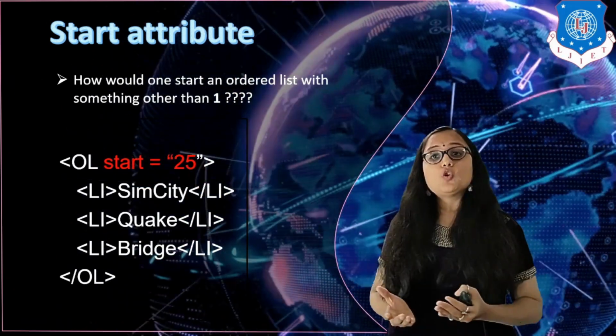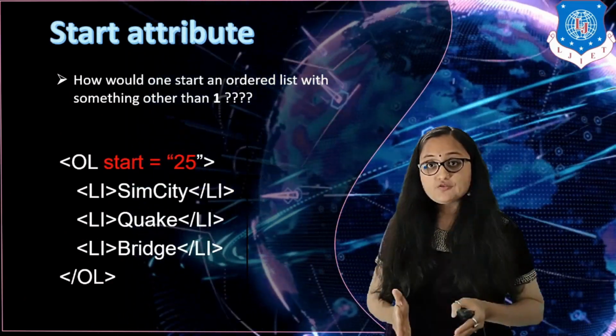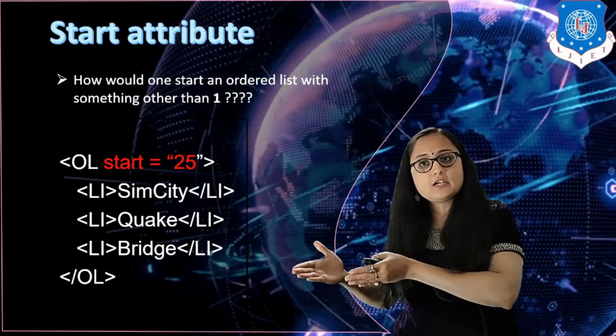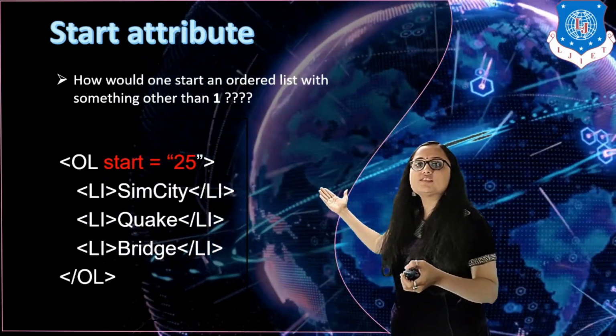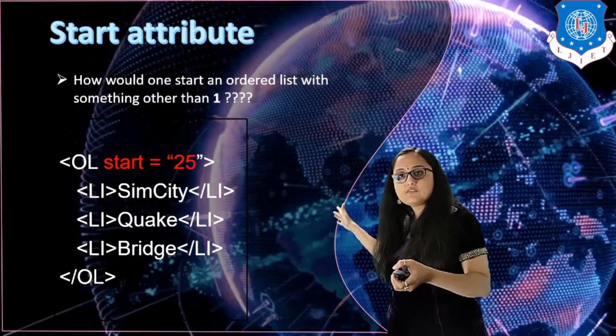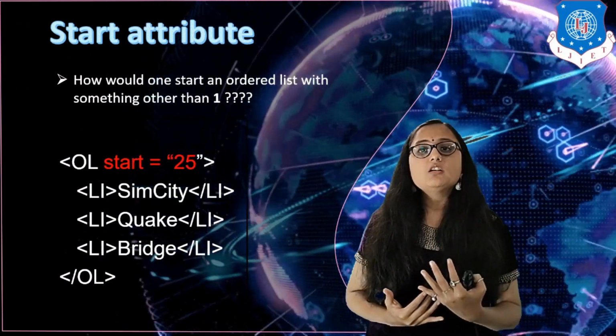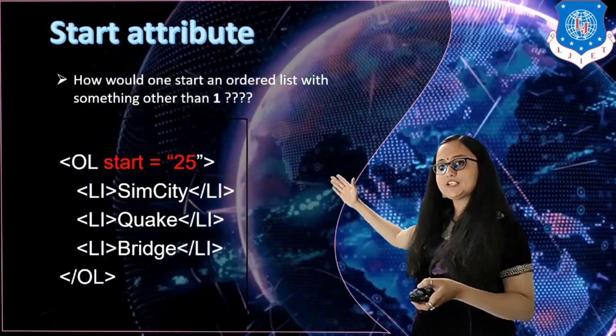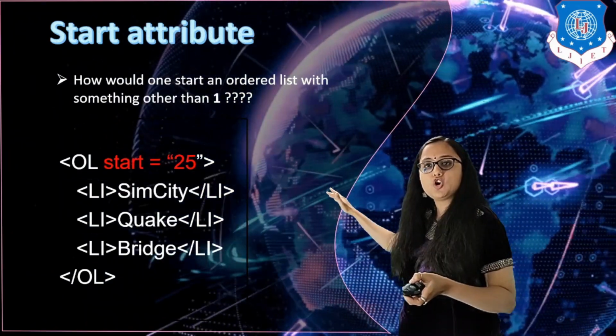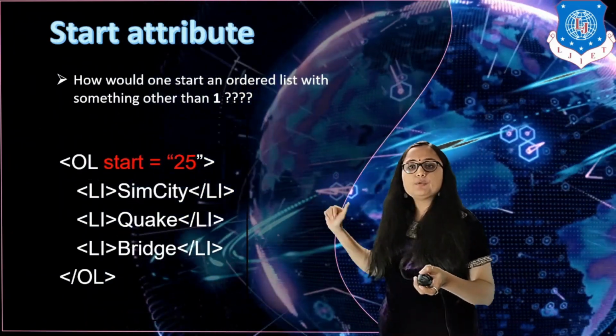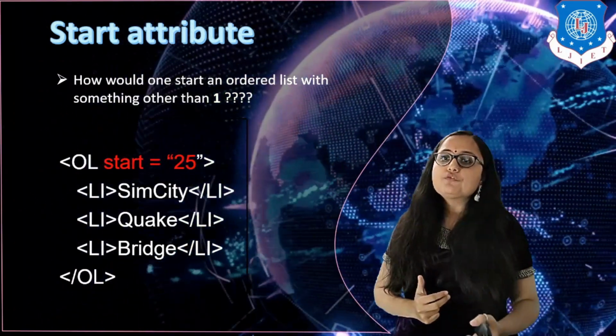Now, what if you want to start your list from a particular alphabet? Then you have to mention start is equal to that particular alphabet. Say for example, if I want to start my sequence from P, then I have to write start is equal to double quotation small p or capital P. So the start attribute is basically the starting of your sequence.